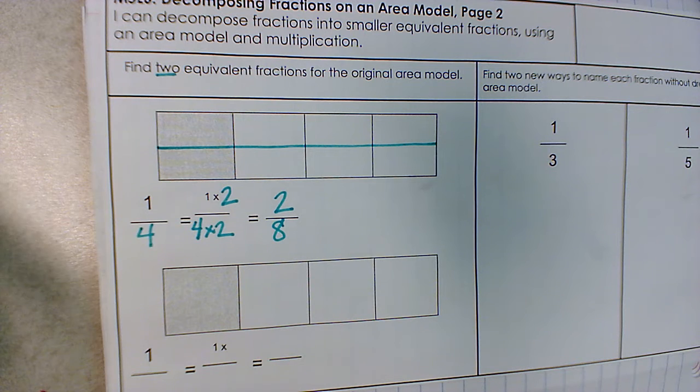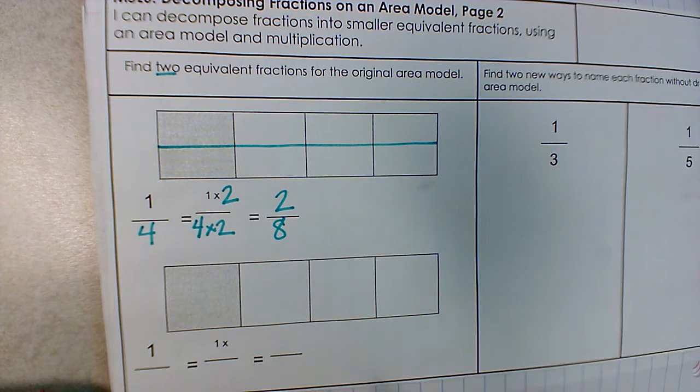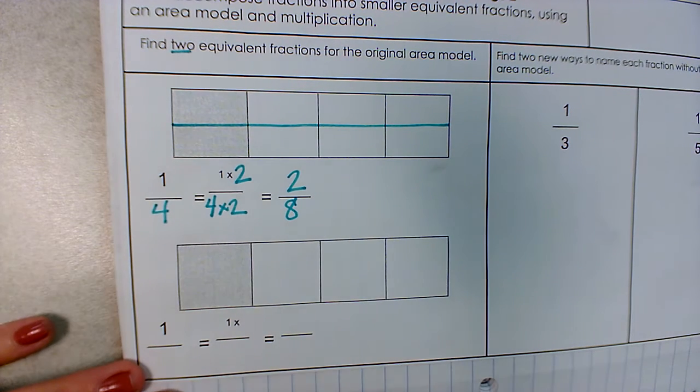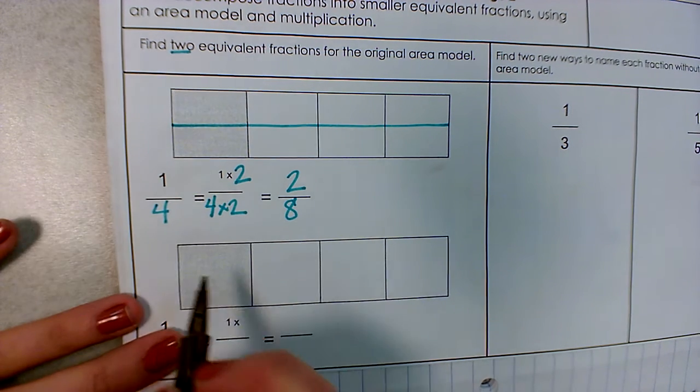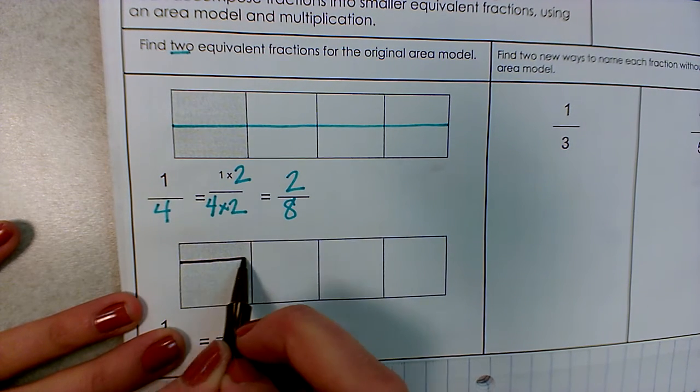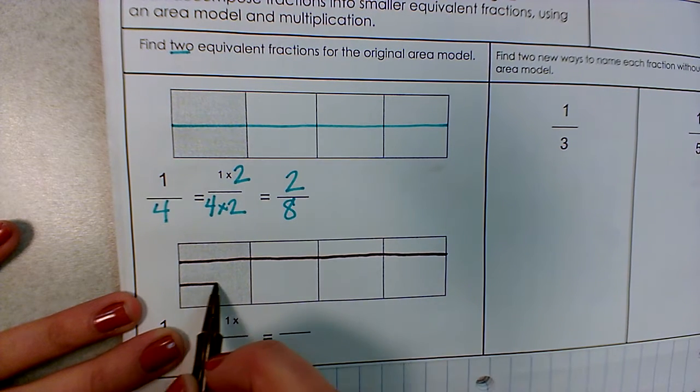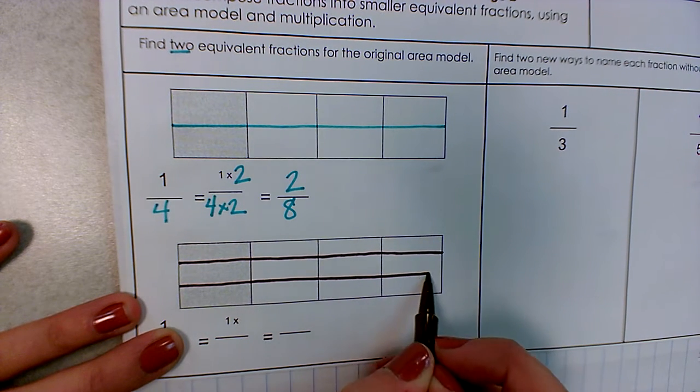But now I need to do that again, but find a different way to have an equivalent fraction. So this time, instead of drawing 1 line to decompose this area model, I'm going to draw 2. And that means that it turns into, let's count how many.